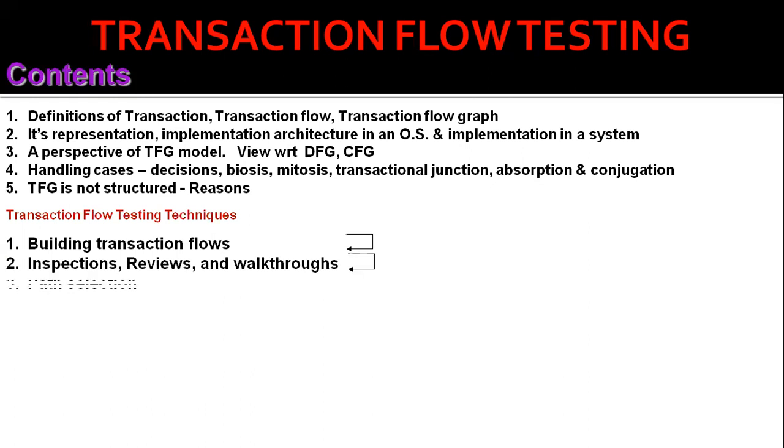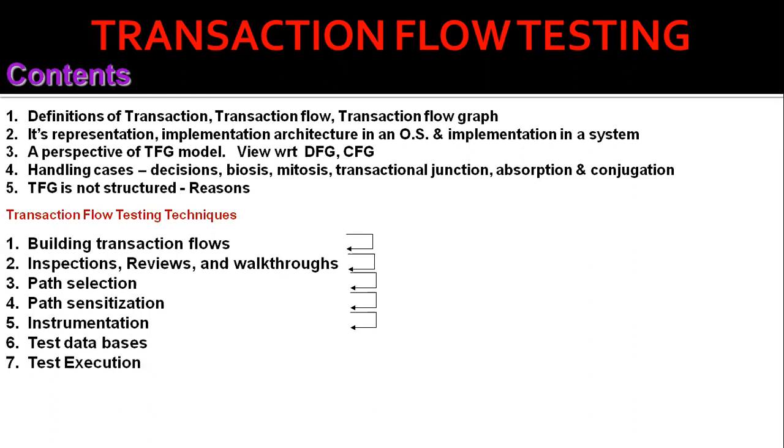As these transaction flows are a natural agenda for the system reviews or inspections, and it is being conducted through walkthroughs, we have to select a set of covering paths C1 plus C2, using analogous criteria to what we use for structural path testing.